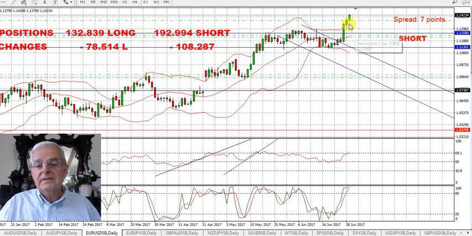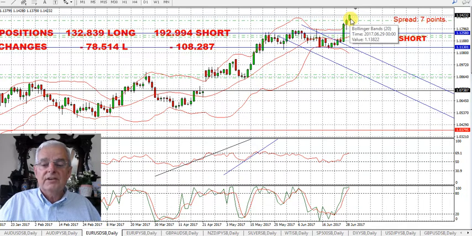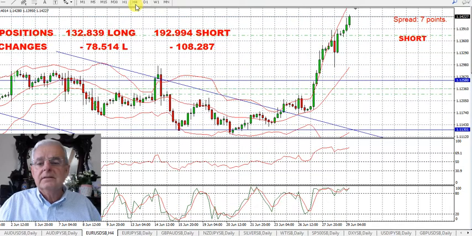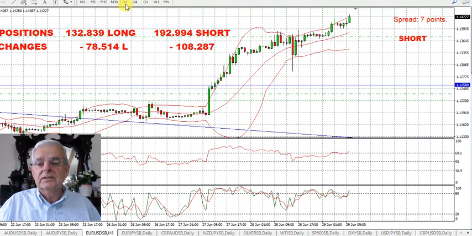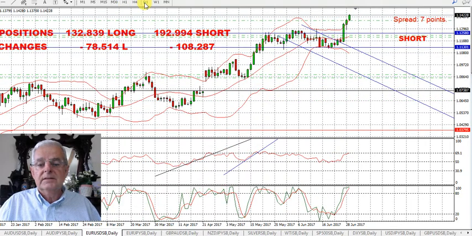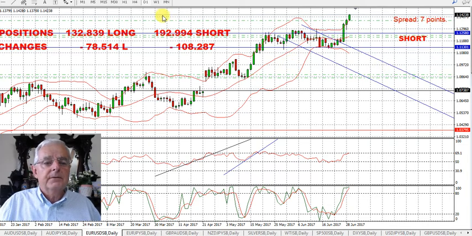Euro dollar, similar sort of thing. We've had 2 quite large candles. If you move down our hourly chart, yeah. So not really something that I've already got some trades in this, and we're back on daily, yeah.